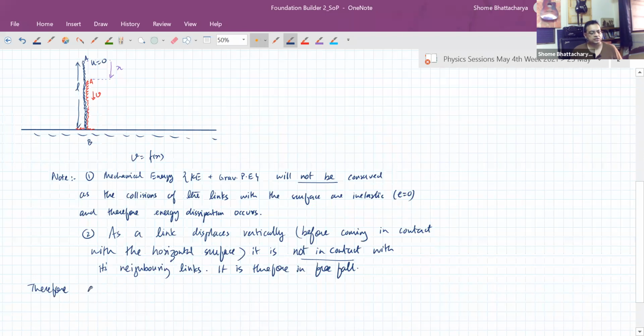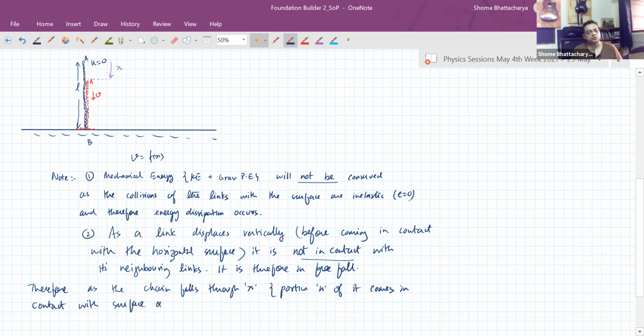So as the chain falls through x, during that time a portion x of it comes in contact with the surface and comes to rest on it.